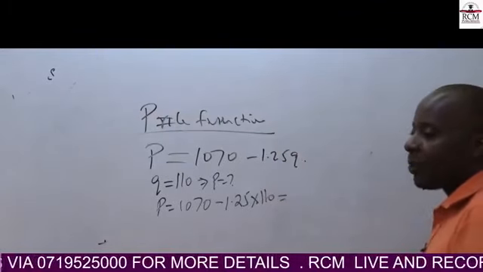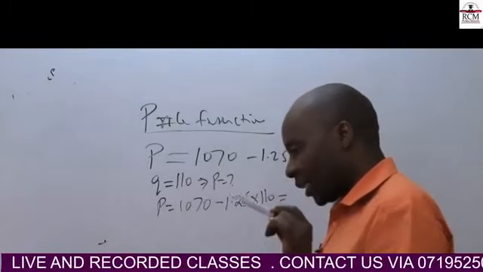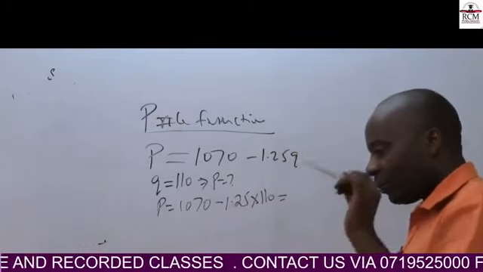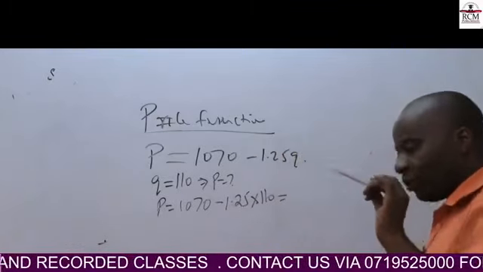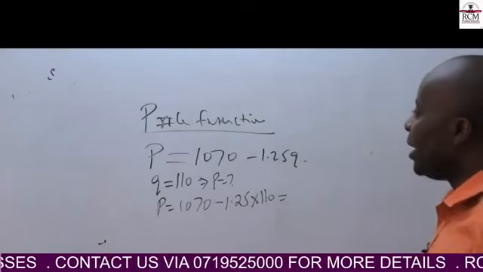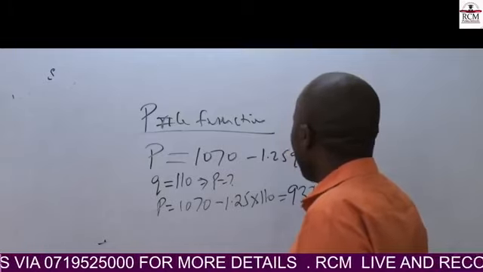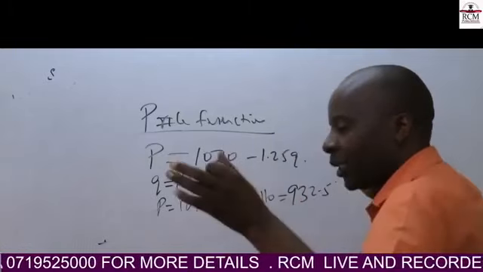No, it was not 1070Q. Remember, I'm not talking of revenue. I'm talking of the price function, Moses. Yes, not revenue, price function. When I'm getting a price elasticity, I do not need the revenue function. So it will be 932.5.